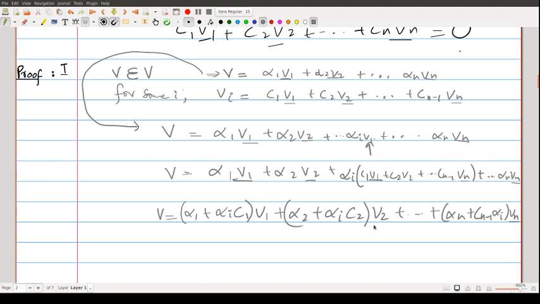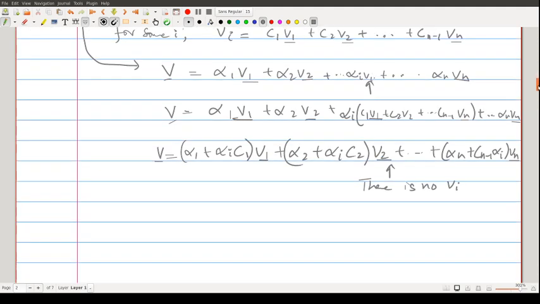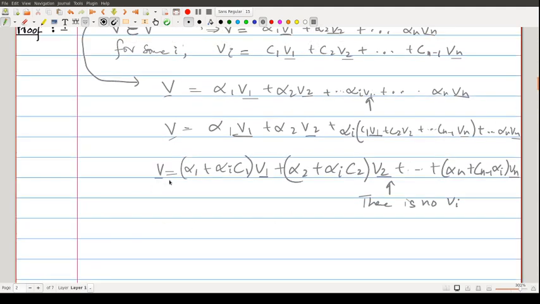So what you've essentially done is you've taken any vector in the vector space V and you've written it in terms of v1 to vn, except notice that there is no vi here. And so what you've shown is that this v can be expressed as a linear combination of n minus 1 vectors.